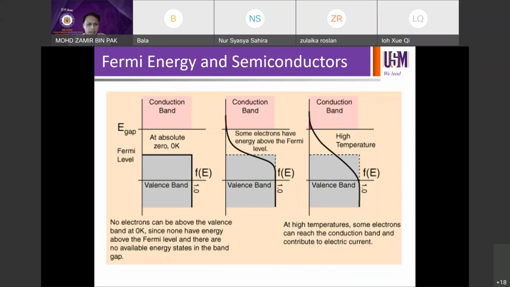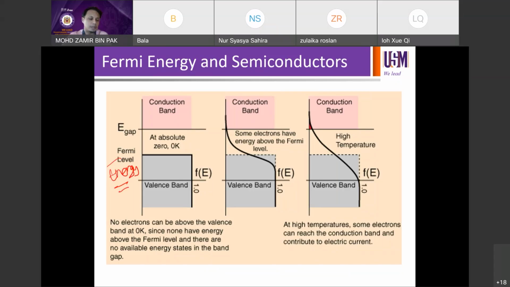Note that in this case the y-axis is the energy axis.